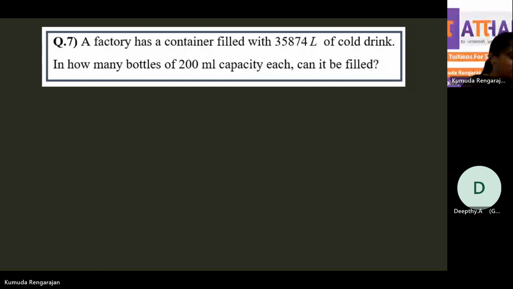Ma'am, we have to divide 35874 by 200, right? No. Are they in the same units, Deepthi? No, we have to convert them and then divide them. Yeah. Correct.